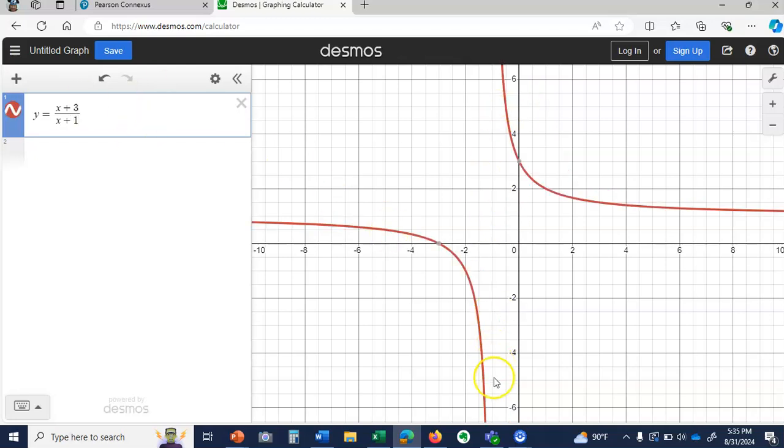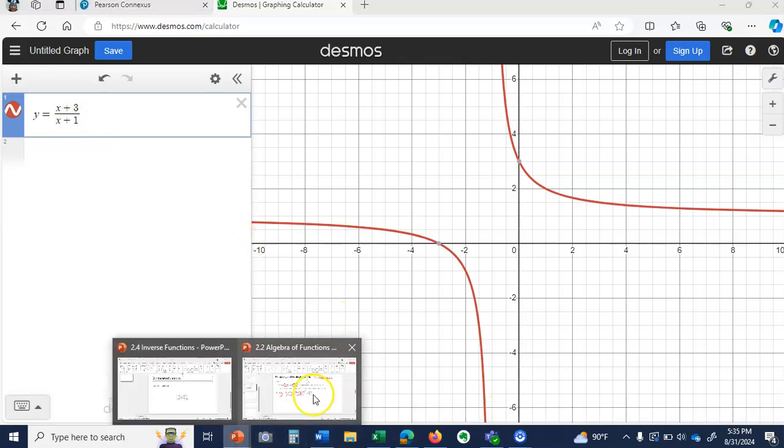Okay, and you can see that there's a space here that it doesn't touch. Okay, if this is 0 and that's 2, this is -1. It doesn't cross -1 because that would make our denominator 0. So let's go back to our PowerPoint.